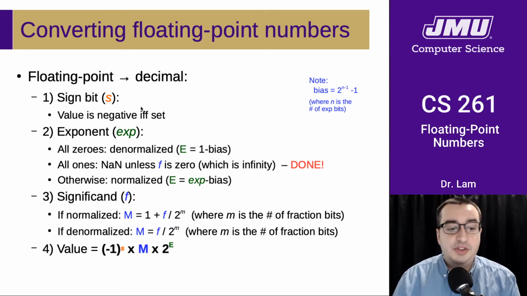So once you have the sign bit, the exponent, and the significand recovered in their decimal formats, then you can just calculate the multiplication of the result, and then you have the final number in decimal form.